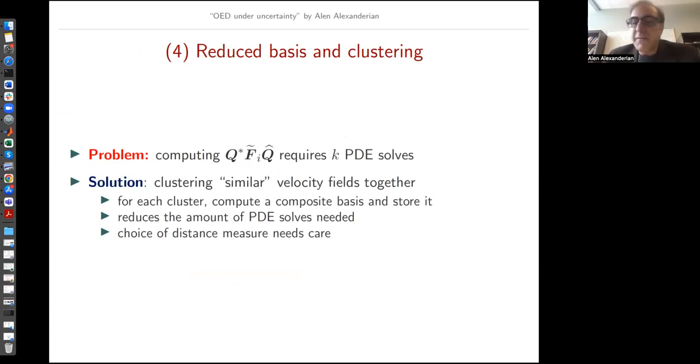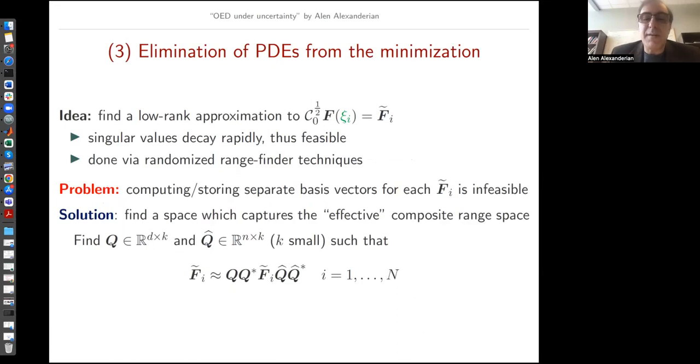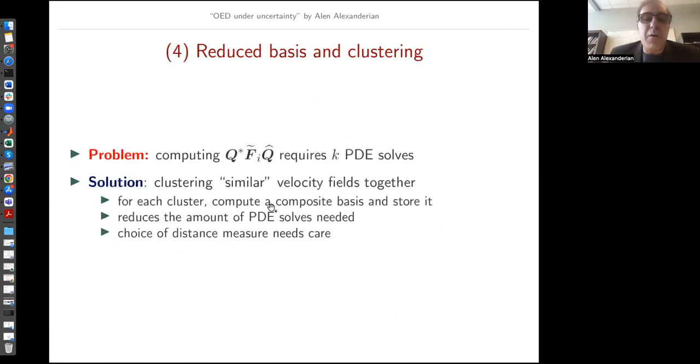And if K was big, remember K was the dimension of this composite effective range space. So one thing we found helpful was to cluster similar velocity fields and then calculate composite ranges corresponding to each cluster, and that helped to reduce the number of PDE solves.